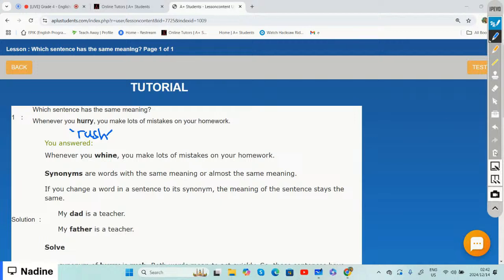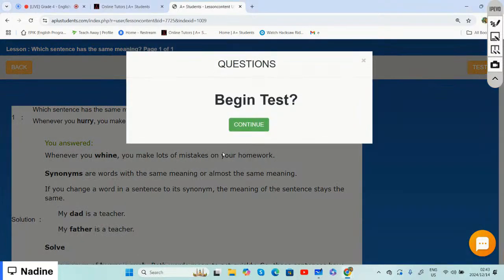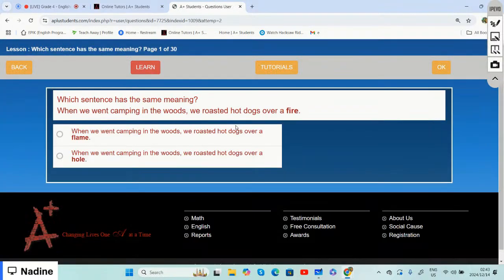All right. So now we're going to our test, right? We are going to say which sentence has the same meaning. So we're going to choose a sentence that has the same meaning. All right. The first one, the sentence says, when we went camping in the woods, we roasted hot dogs over a fire.